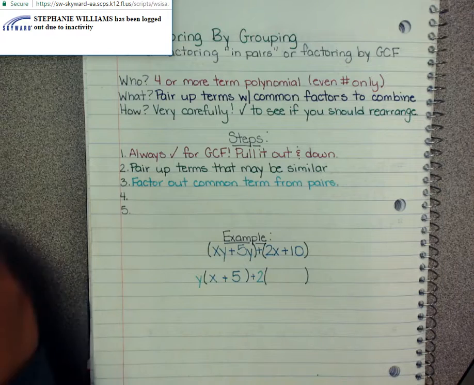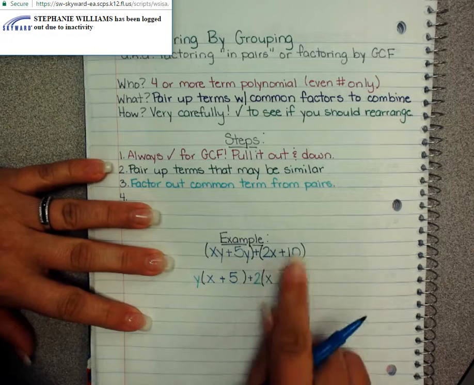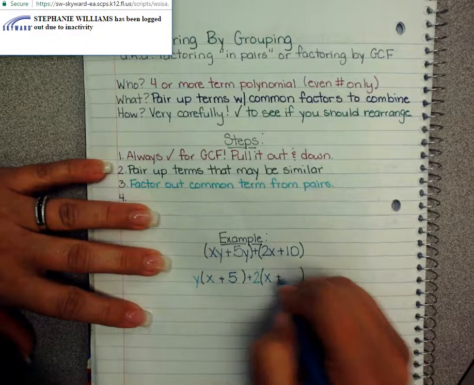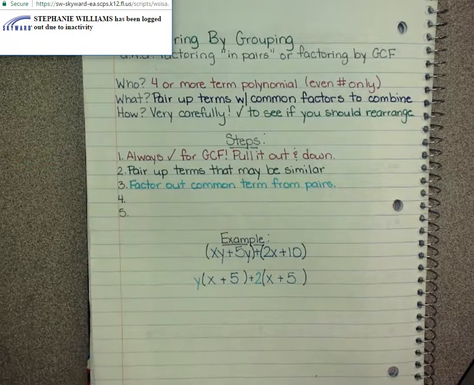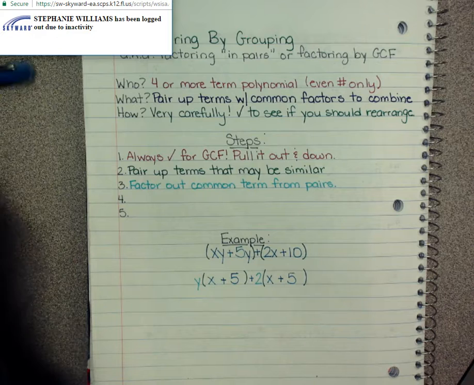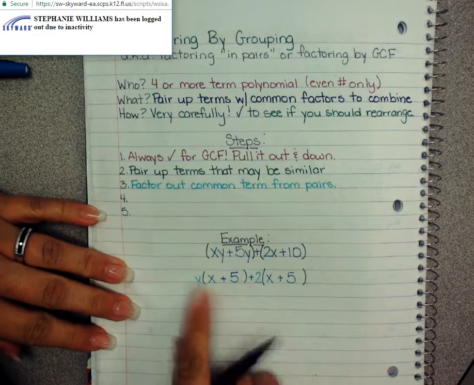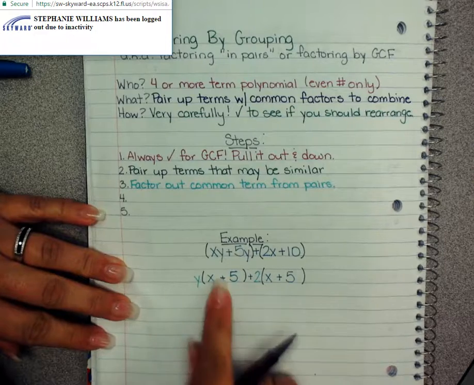So if I divide 2 by 2, I get 1, so I'm left with an x. If I divide 10 by 2, I get a 5, so I'm left with a 5. Okay. So I've pulled out my greatest common factor between the pairs.